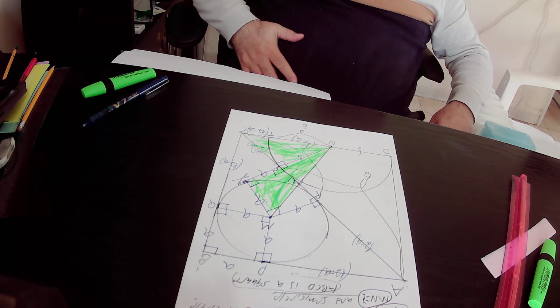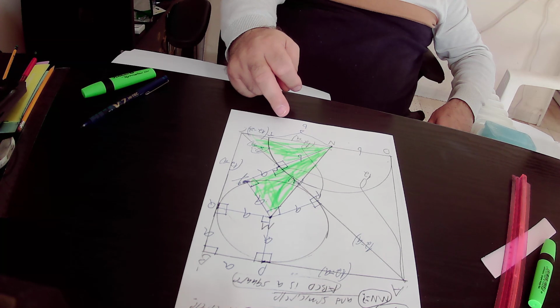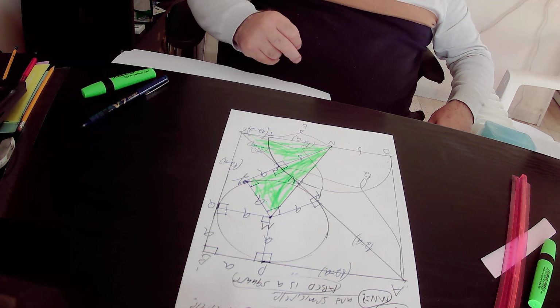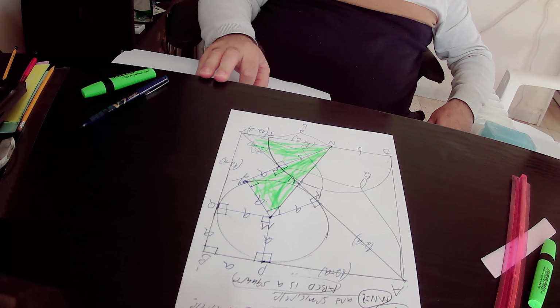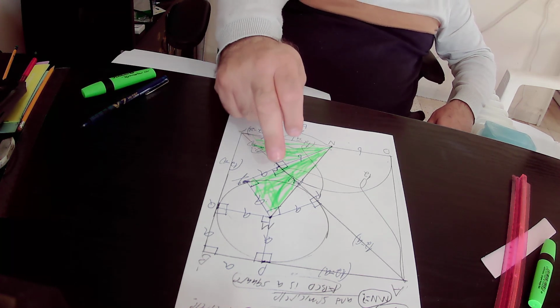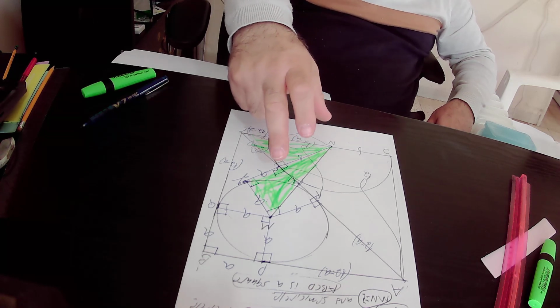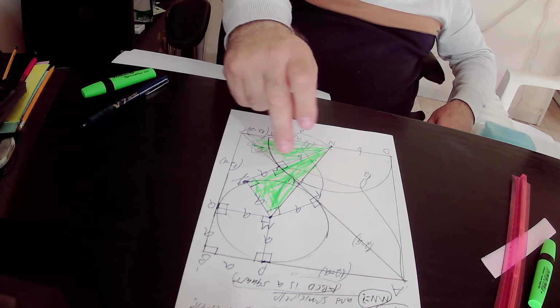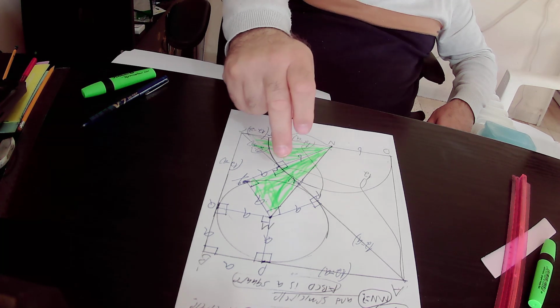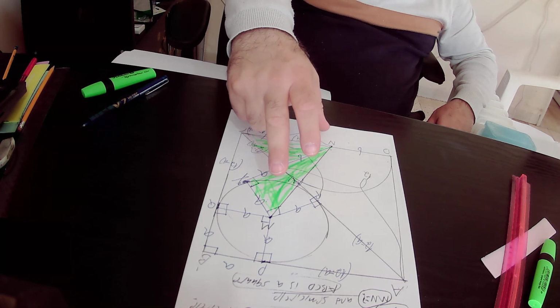Inside this square, we have a semicircle and a circle. And we know that the center of the semicircle is at point M. The center of this circle is at point N. And we want to find out the distance between the centers of the semicircle and the circle itself. That is actually the length of line segment MN.